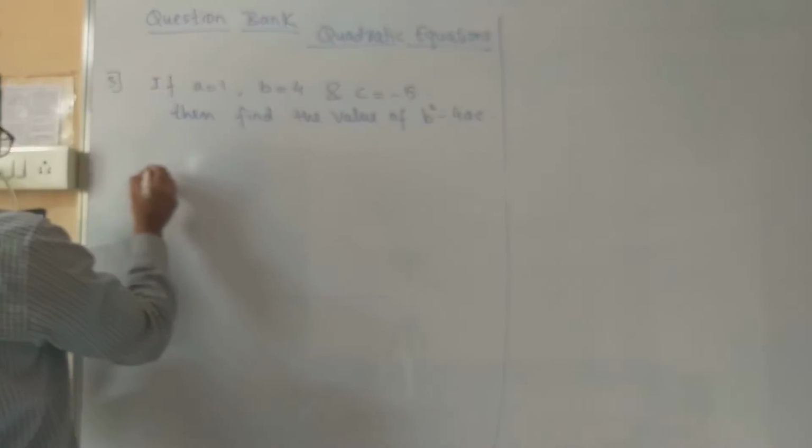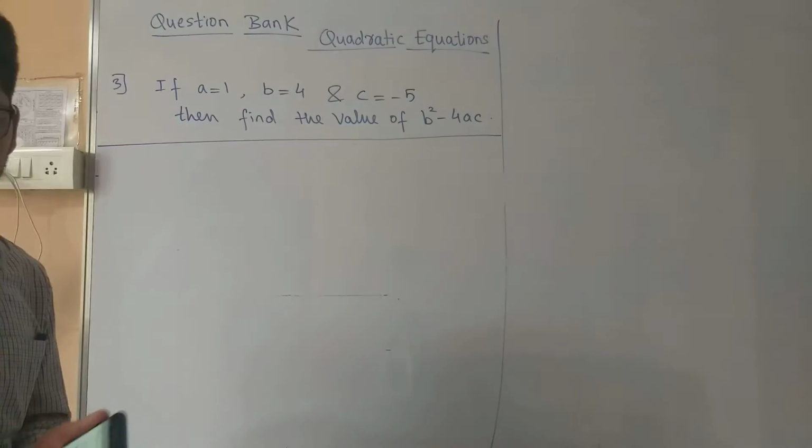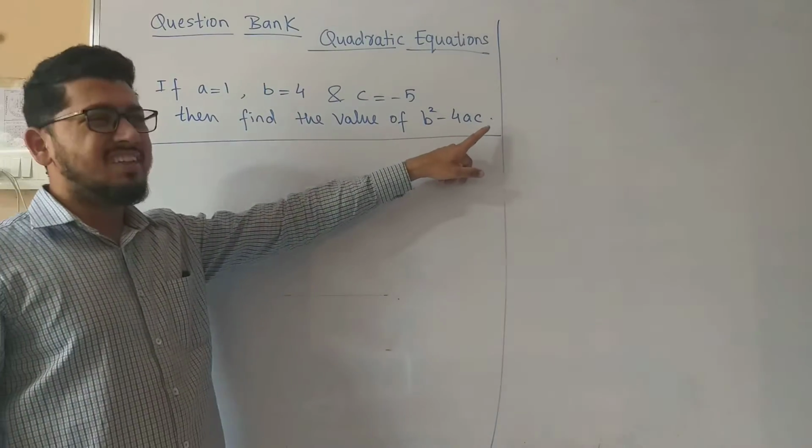We already know this formula, b square minus 4ac. This is the formula of the discriminant.